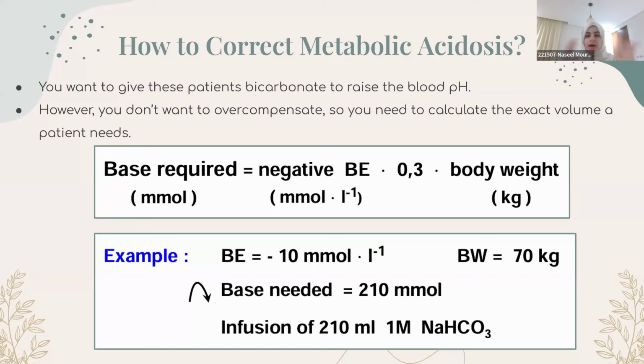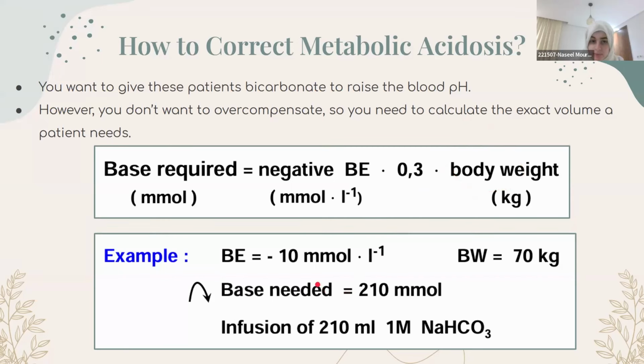So that's when we need to calculate the amount of bicarbonate that we give. Now, you don't give them bicarbonate as an ion, you give them sodium bicarbonate, like IV fluids. But this is the equation that we use. The base required, so the amount of bicarbonate that you would give them, is equal to the negative base excess, so remember that value, times 0.3, which is a constant, times the body weight in kilograms.